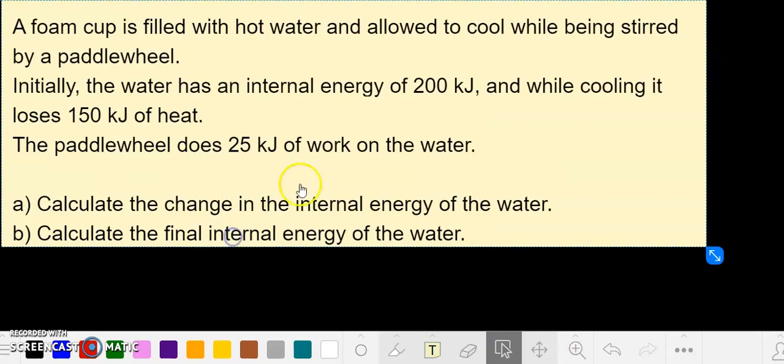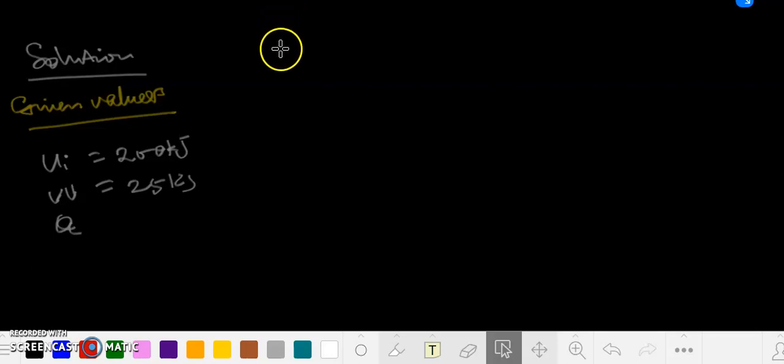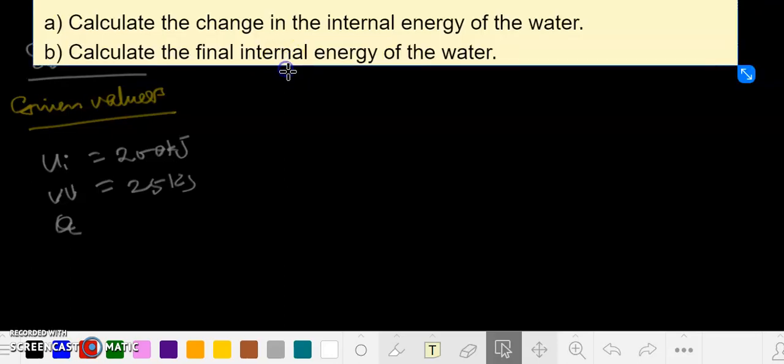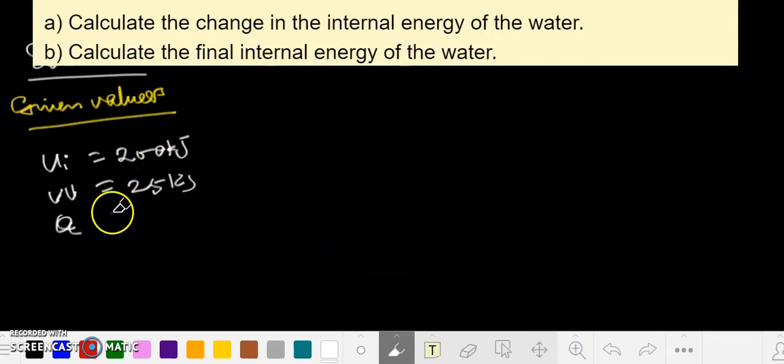The heat transfer, because while cooling it loses about 150 kilojoules. So this will be the heat transfer in the system. So the heat transfer is equal to 150 kilojoules.